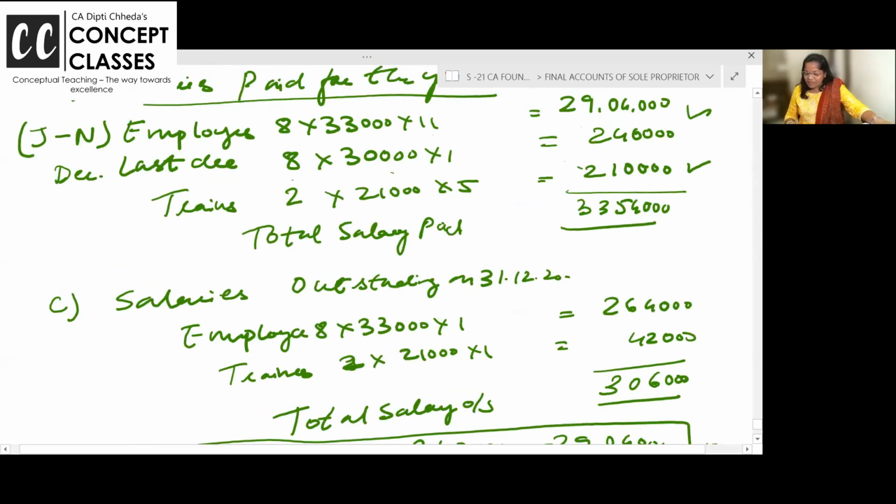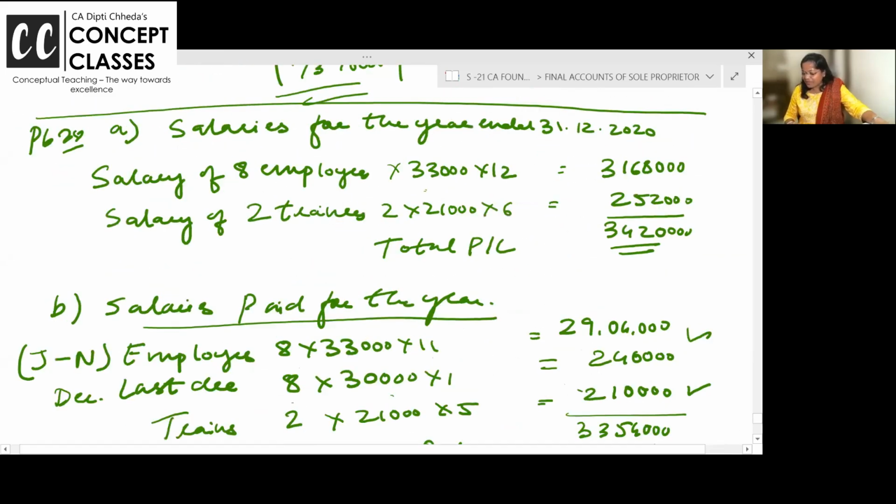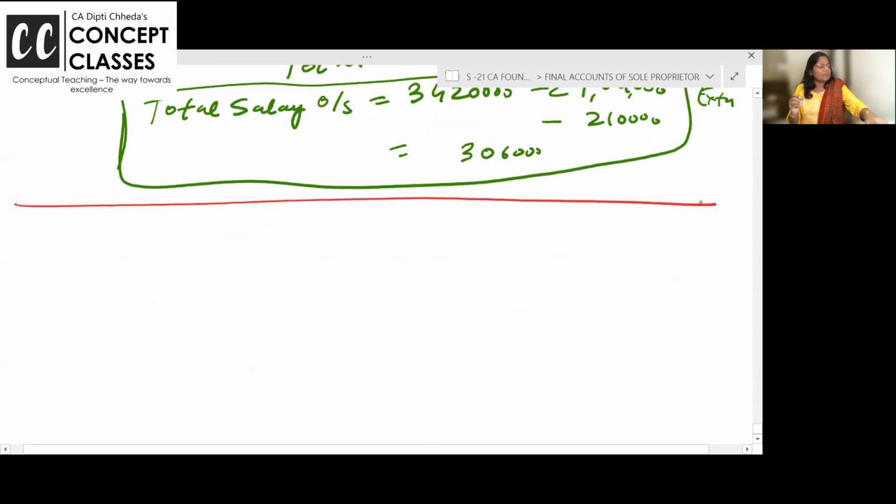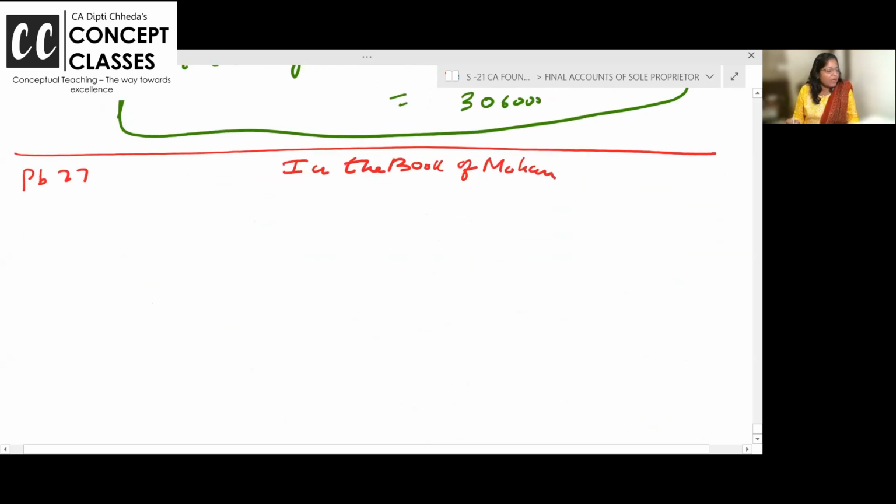Full-fledged problem. This was also very beautiful. The last problem we did, how much salary is paid and outstanding. Nice. It is a 5 marks concept. Problem number 27 we are doing now in class. In the books of Mohan, we are preparing final accounts.